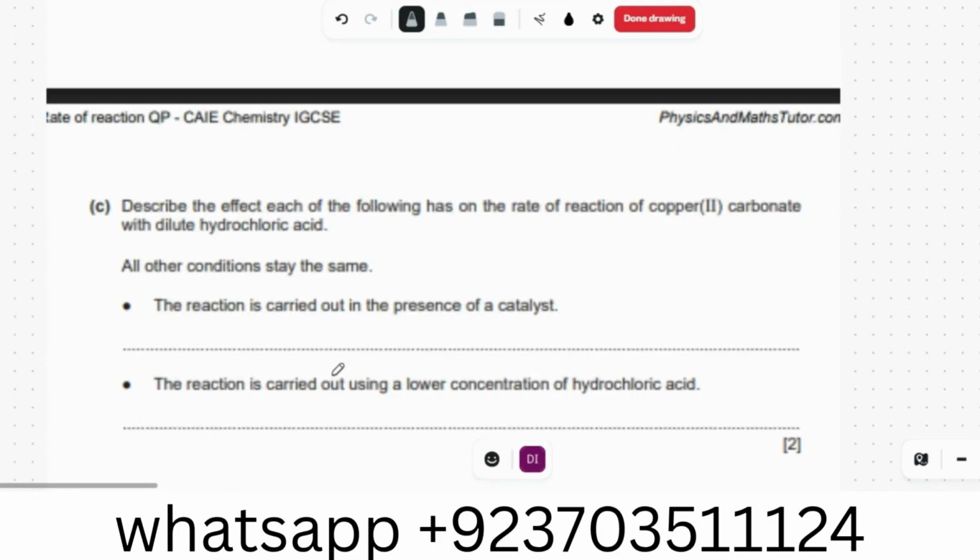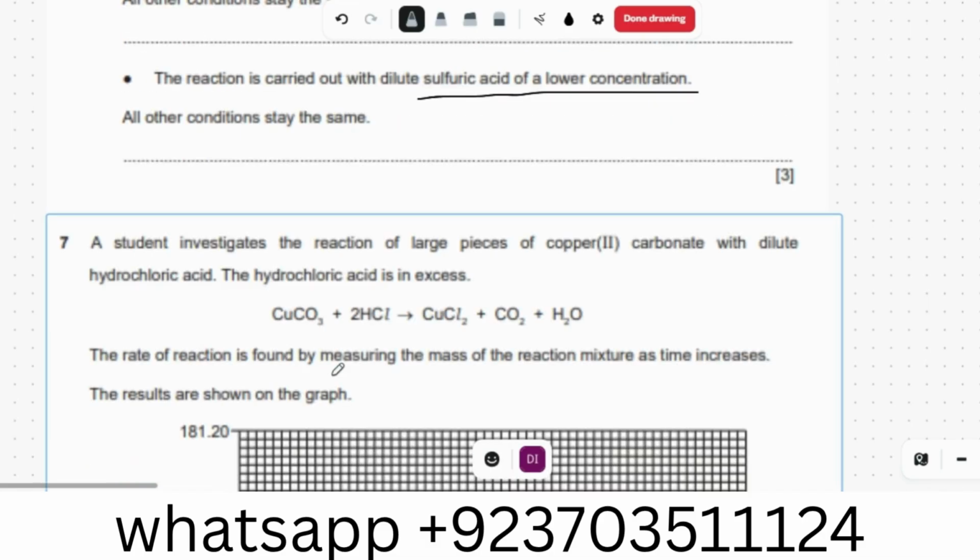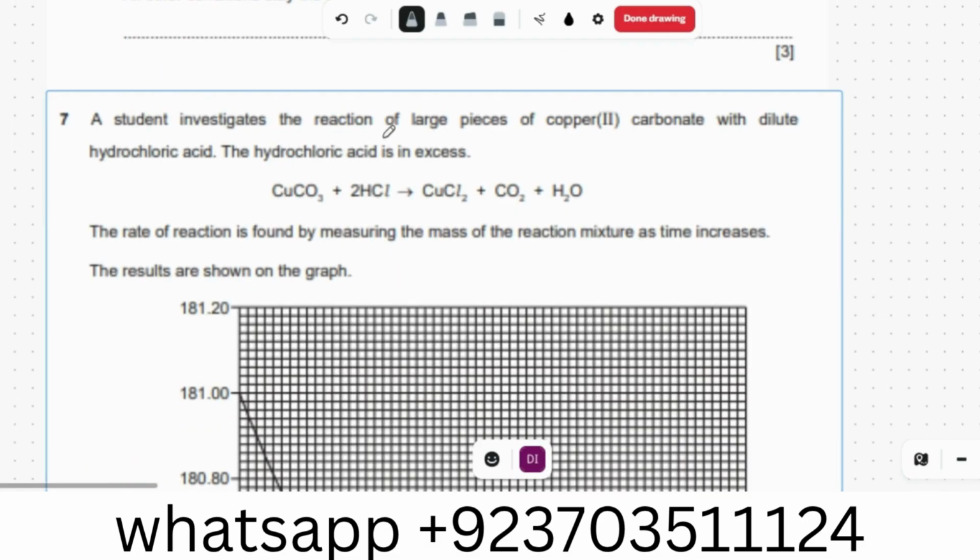That is the last question. A student investigated the rate of reaction of a piece of copper carbonate with dilute hydrochloric acid. The hydrochloric acid is in excess. So CuCO3 plus 2HCl gives us CuCl2 plus CO2 plus H2O. The rate of reaction is found by measuring the mass of the reaction mixture as time increases.